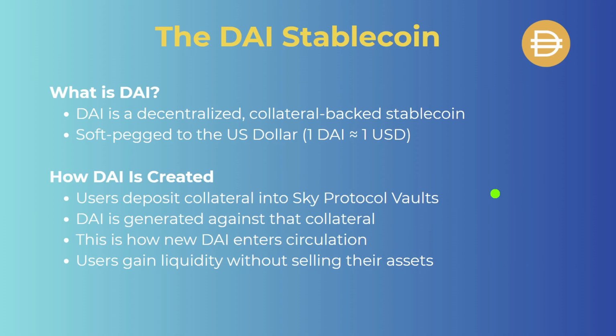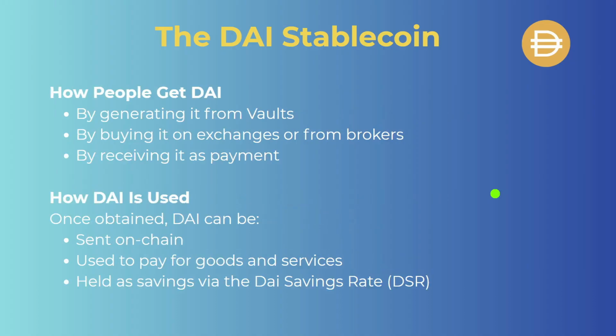In this case with DAI, for example, I don't want to sell my ETH, so I want to still be exposed to it, but I want to have DAI to use for whatever reason. So I can lock and provide my ETH to the protocol, to the Sky Vault, and the Sky Vault gives me DAI. This is the basics of why we have introduced this DAI stablecoin.